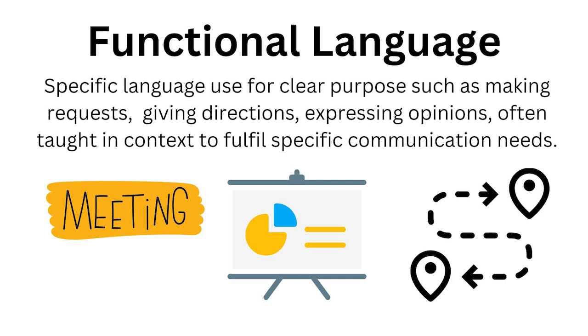For example, the language that people use in a meeting. The language that people might use in the media. The language that people might use when they are meeting someone for the first time. So it varies depending on the needs of your students.